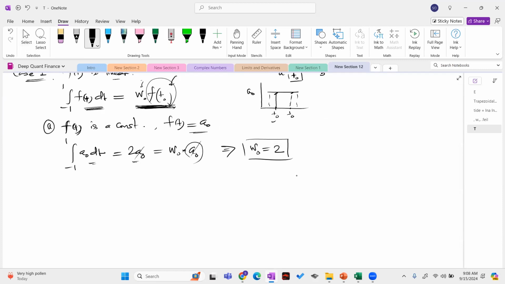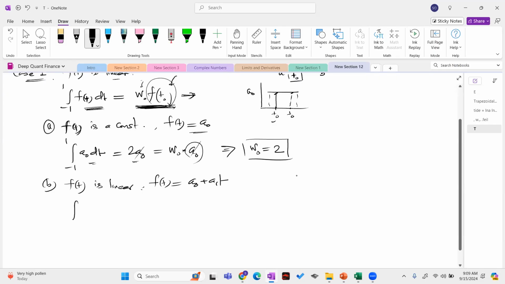Okay. Case B, ft is linear. Okay, this recipe will work till the first degree, so till linear terms. So ft must be of this form, something like, let's say a0 plus a1t, correct? Linear function of t. Now, what is this integral?